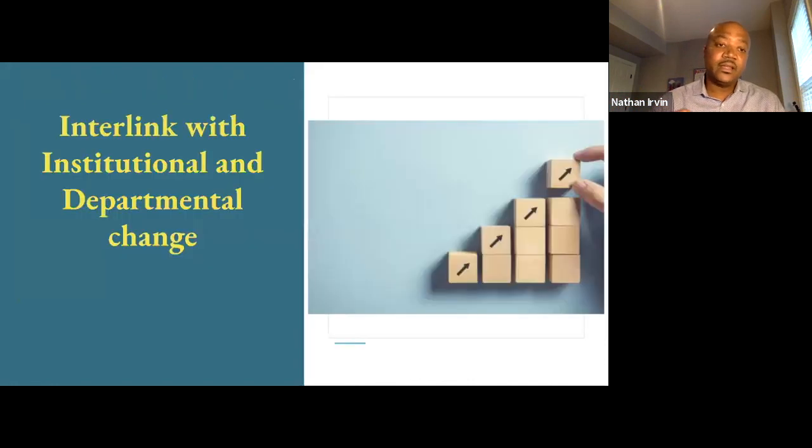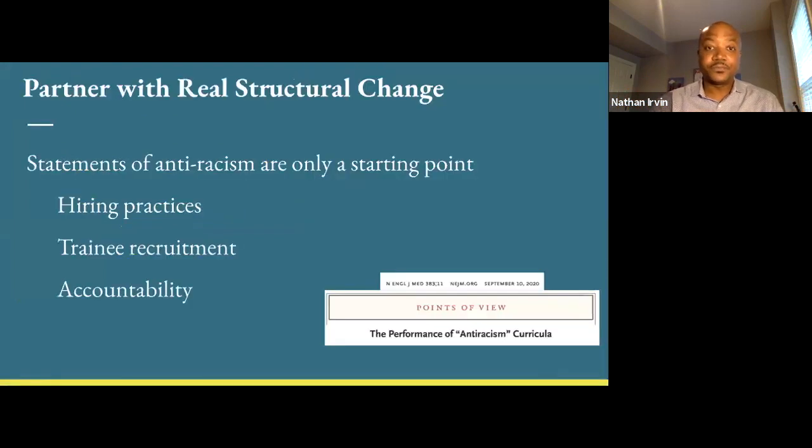In addition, it's important for us to recognize that statements of anti-racism are just starting points. It's important for us to make sure that these statements are backed with a reality that's reflective of this commitment. It takes more than just saying we're anti-racist. We have to be willing to do the hard work to bring these principles to fruition and earn that title.